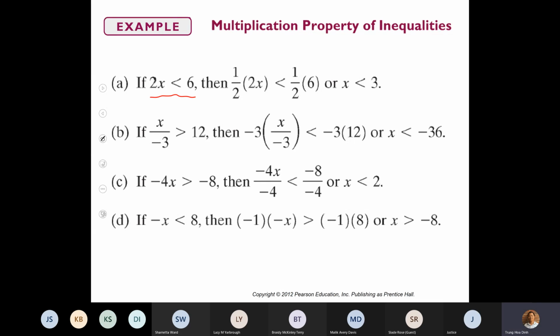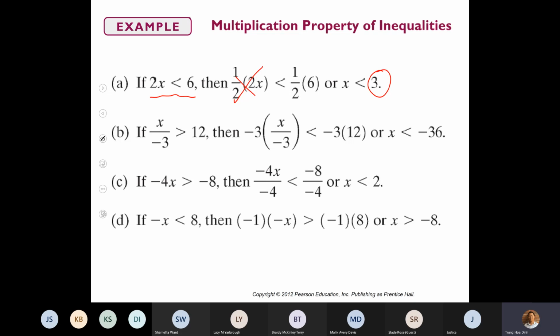Last time I think I explained about cross multiplication, cross division. Do you remember that? It's simple, just divide both sides by 2. You don't have to write this again. You divide 6 by 2, you get 3. And since 2 is a positive number, you are good.